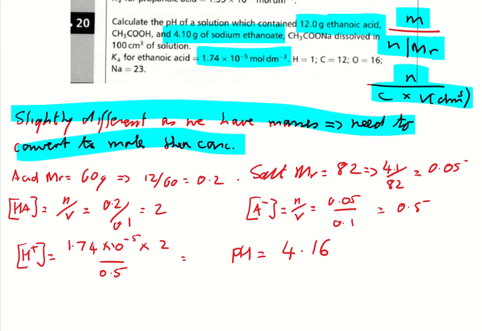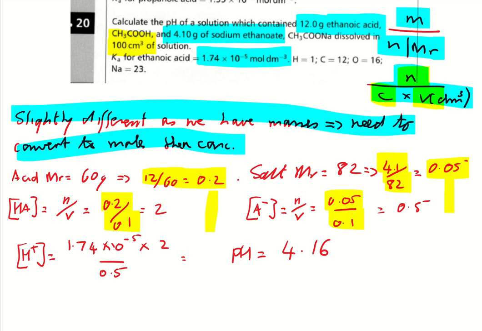The moles of the acid is 12 divided by the RFM, which is 60, so 0.2 moles of the acid, and 4.1 divided by 82 gives us 0.05 moles of the salt. Remember, we've got to convert it into concentration. I don't actually need to, but we will anyway, just to keep things right. So concentration equals moles divided by volume. We divide both of those by volume, remember to put your volume into decimeters cubed, so it's divided by 0.1.